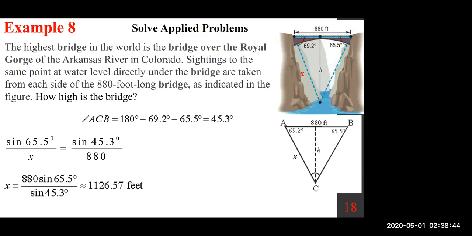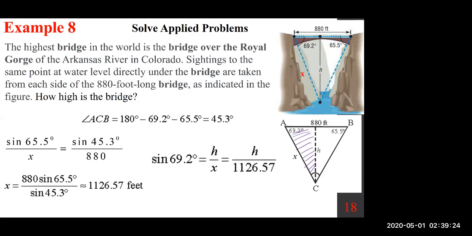Now that we have x, what do we do? Well, we can look at one of the triangles, this one. We can calculate the height using the fact that the sine of 69.2 is the opposite, which is h, over the hypotenuse, which is x, and we just found it to be 1126.57.